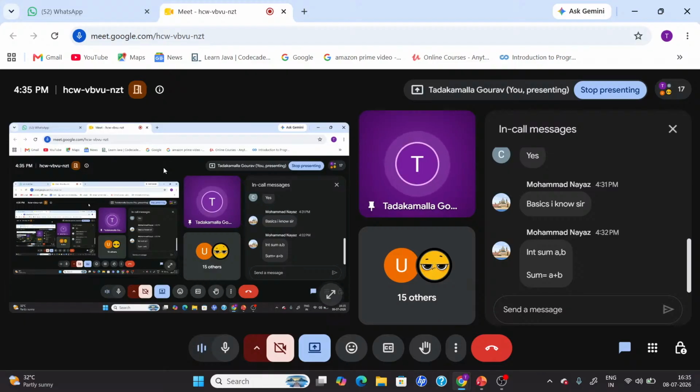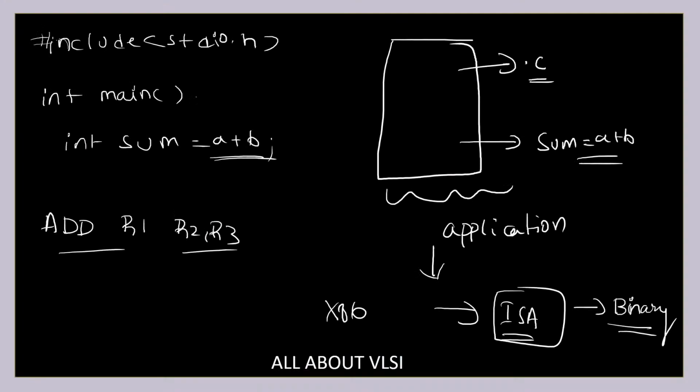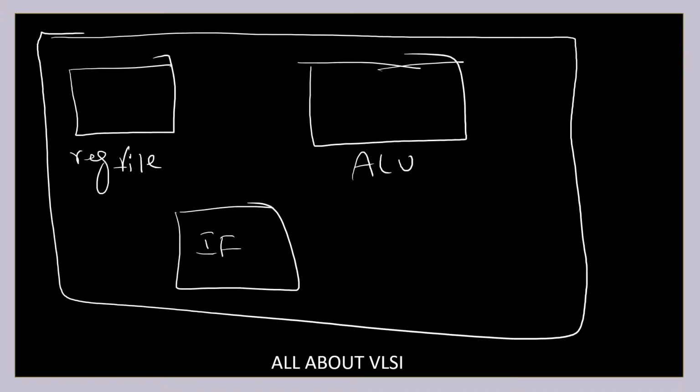If I want to perform this kind of addition operation inside your arithmetic logic unit, see, we have developed an application. That application is simply asking you to add two numbers, that will be converted into assembly level language by the compiler, and further it is going to be converted into binary language by the assembler, and then it is going to be implemented on your processor.